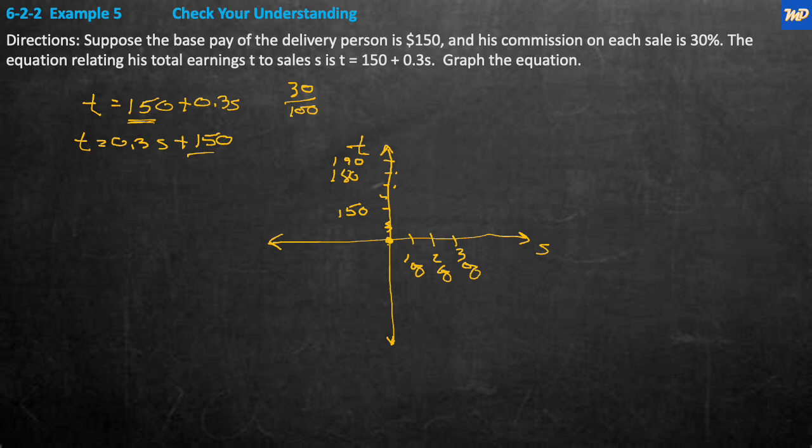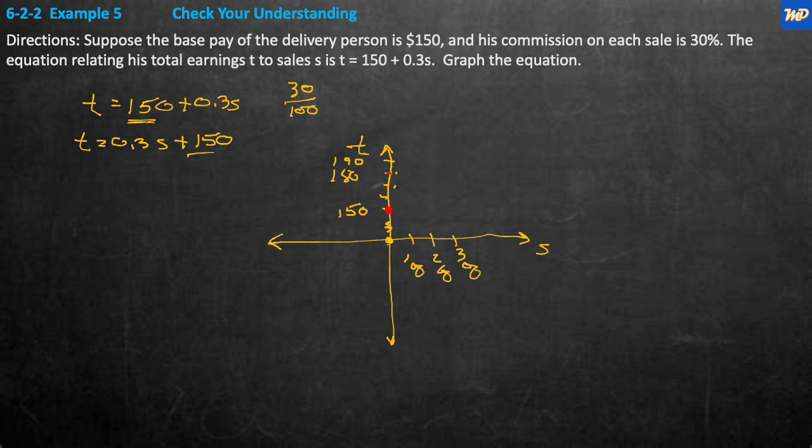So I'm going to start off at x equals 0, y is equal to 150. This is where the person's base salary is. And then for every $100, they get 30. So they're going to go from here 60, 70, 80, right?